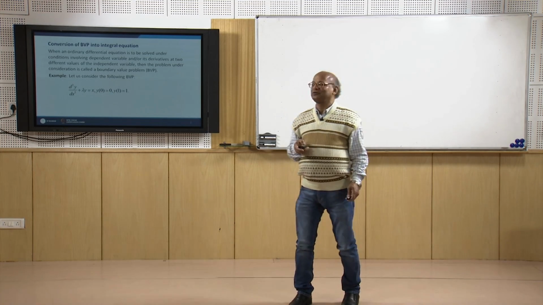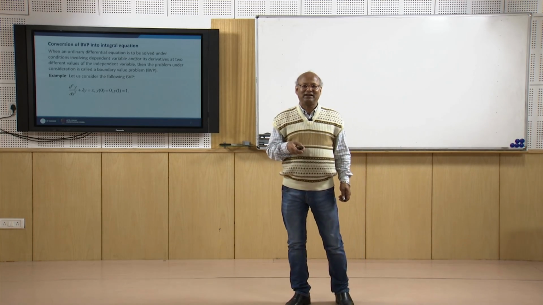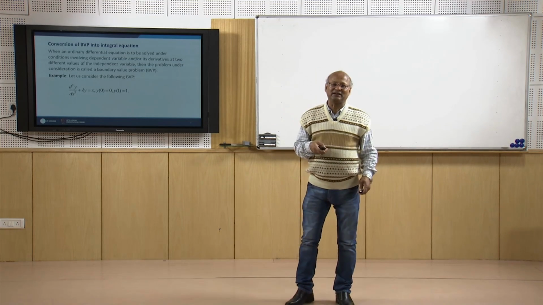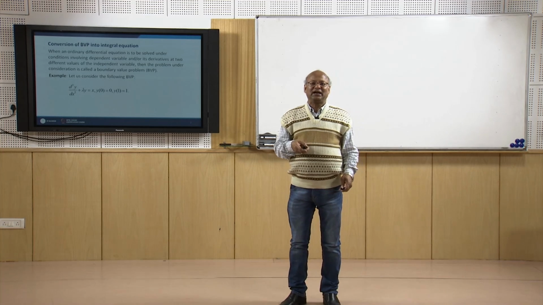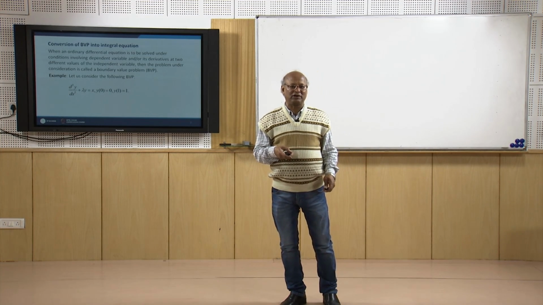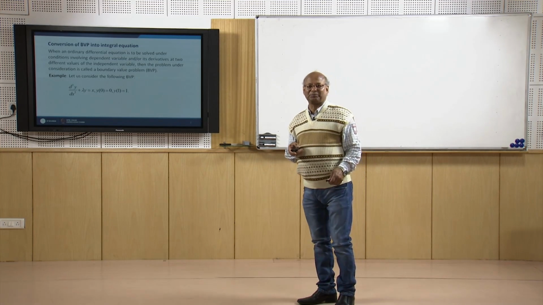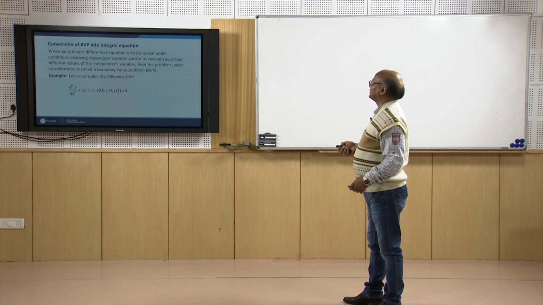Now what we are going to do here is take a boundary value problem and convert it into an integral equation, and we shall see that we get a Fredholm integral equation of second kind, and then we shall recover back the boundary value problem from the Fredholm integral equation so obtained. So let us see what we mean by a boundary value problem first.